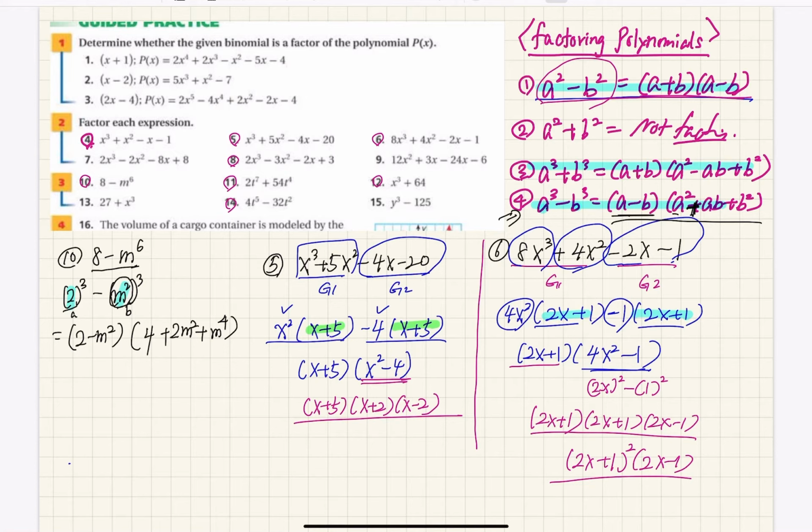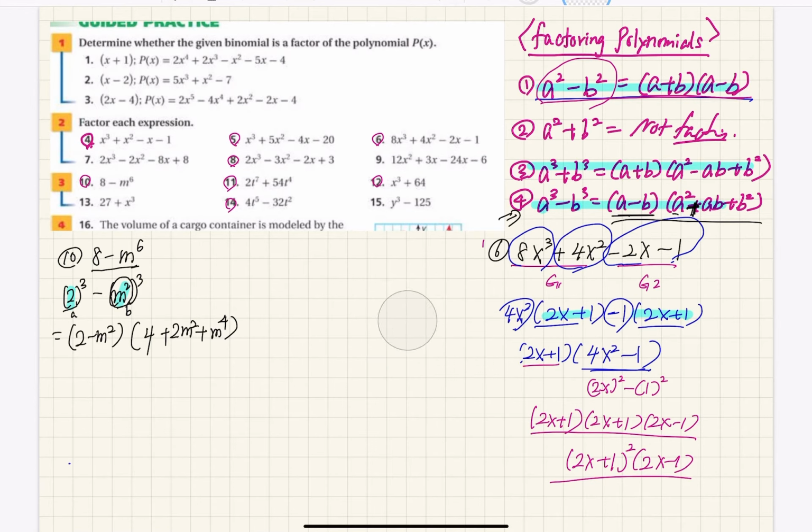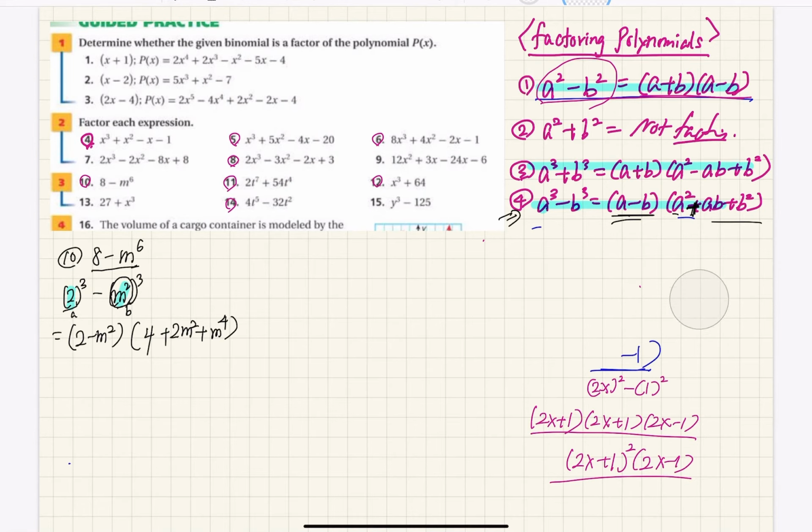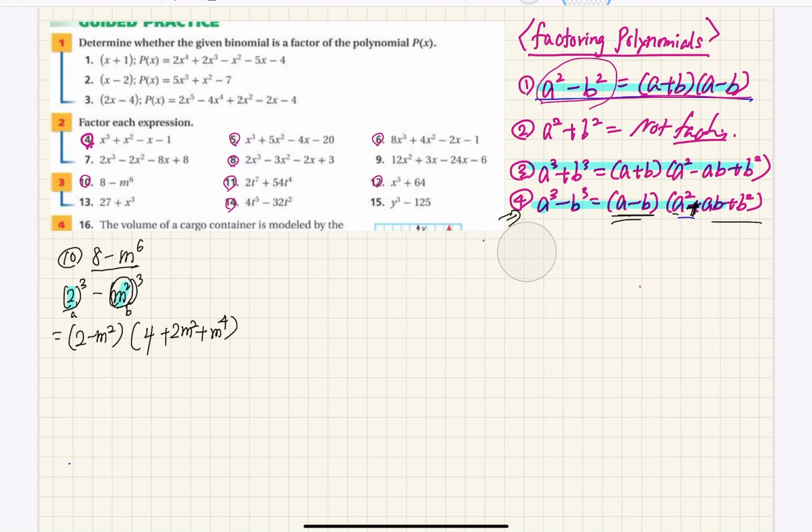All right, next question is number 11. Number 11 is also special factoring. Number 11, 2t to the 7th power plus 54t to the 4th power.